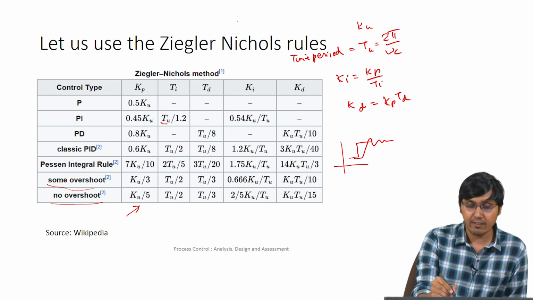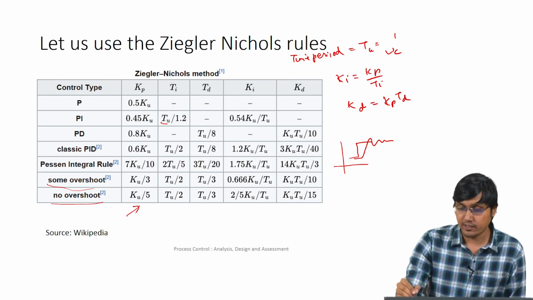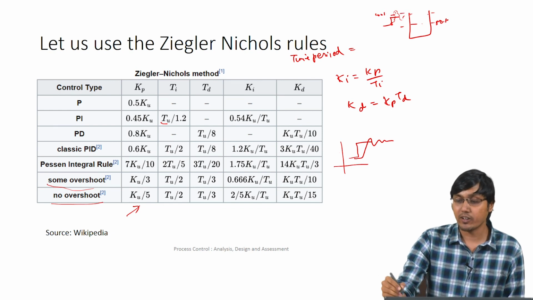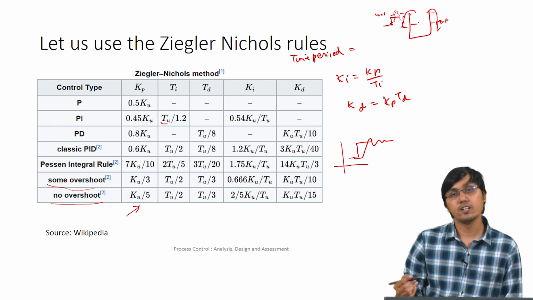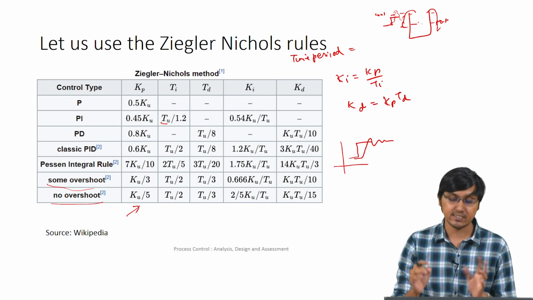So, if you have a tank at 50%, you give a step change from 50% to say 80%, and you want to see whether the level will go outside of the tank or not. If it crosses 100%, the water will flow out of the tank, which is not desirable. That is why overshoot is important.